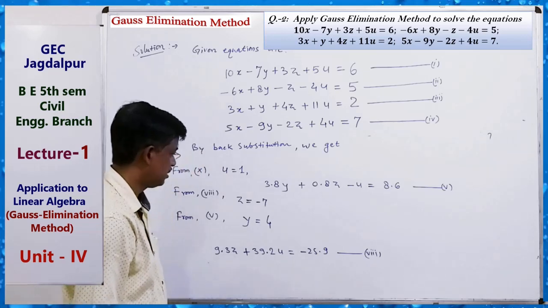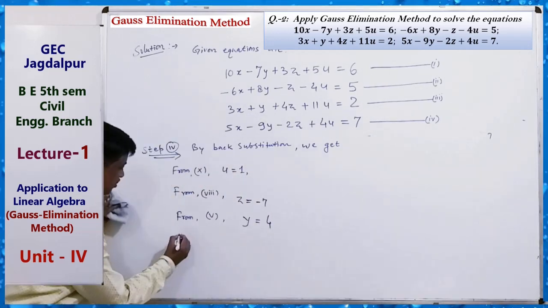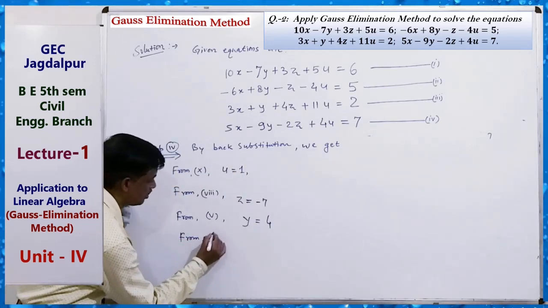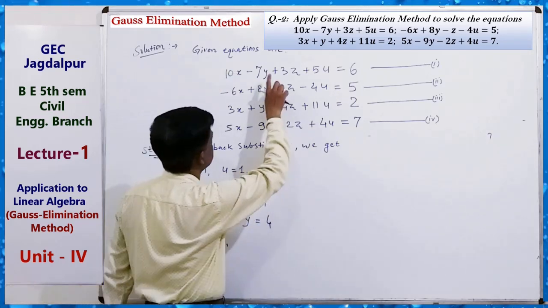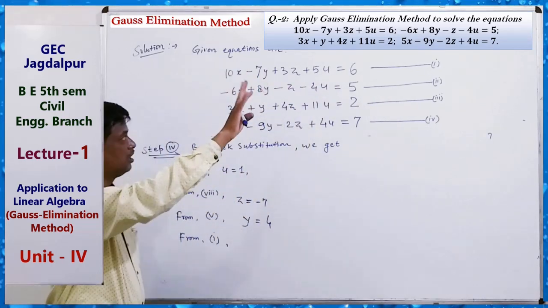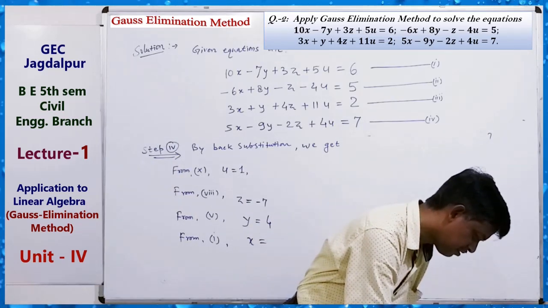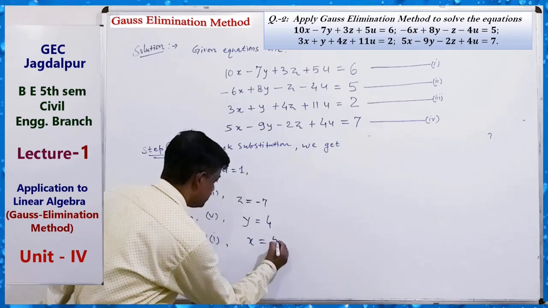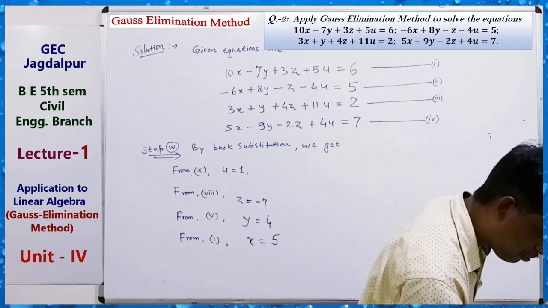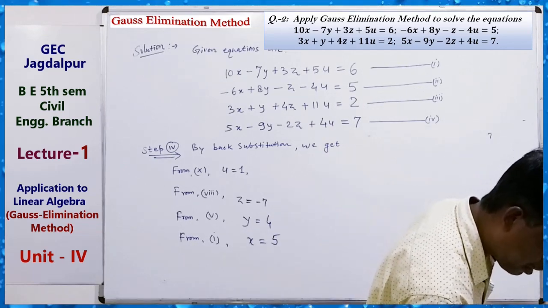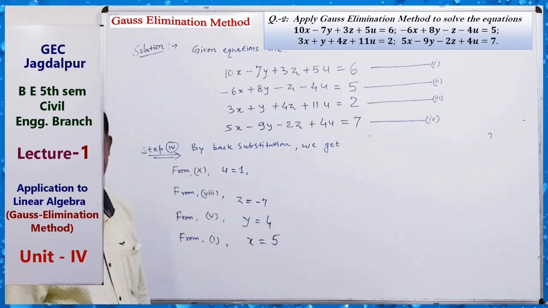And finally from equation 1, put the values of U, Z, Y, and we can get X equals to 5. So this is the solution: 5, 4, minus 7, 1. Clear? So this is the solution by back substitution.